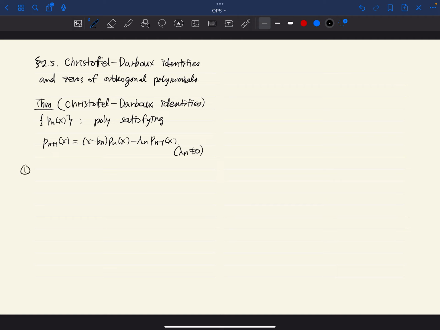First, the summation over k from 0 to n of P_k(x) P_k(y) over lambda_1 ... lambda_k equals (P_{n+1}(x) P_n(y) - P_n(x) P_{n+1}(y)) divided by lambda_1 ... lambda_n (x - y). We use two variables, x and y.